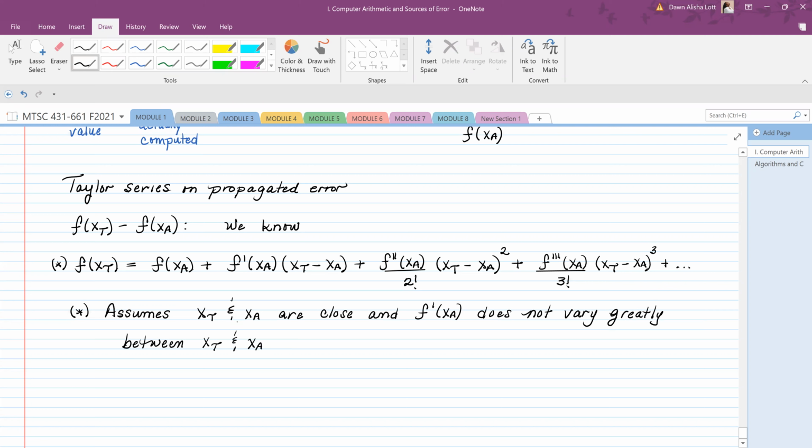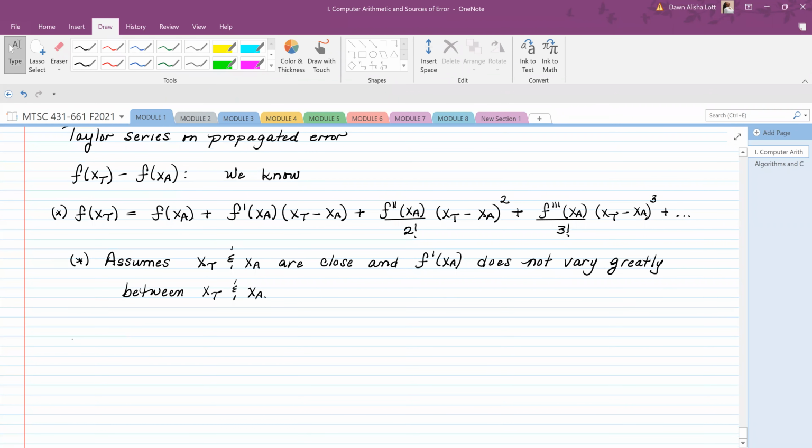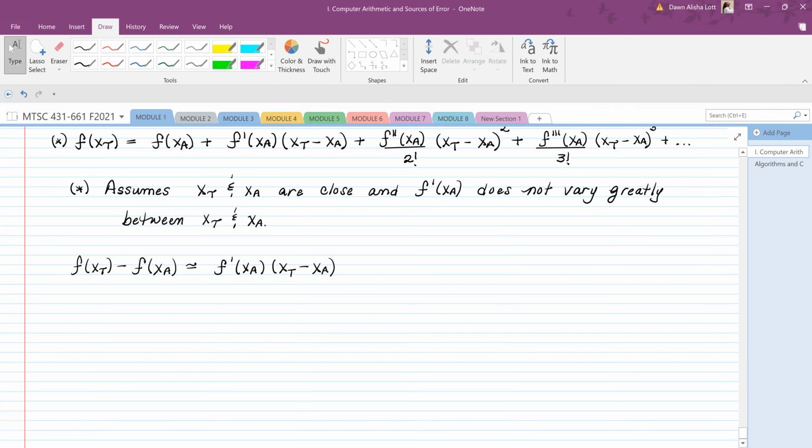That's what makes the Taylor series work. So in other words, we get f of x true minus f of x approximate is approximately f prime of x approximate times x true minus x approximate. In other words, that's how we do our derivative. So here's an example.